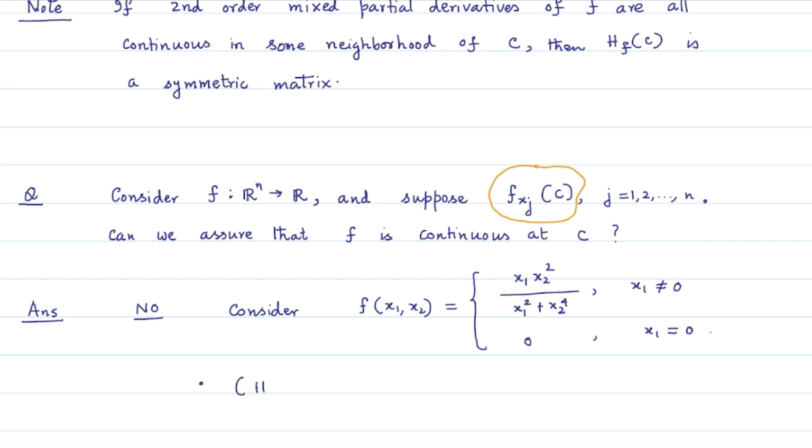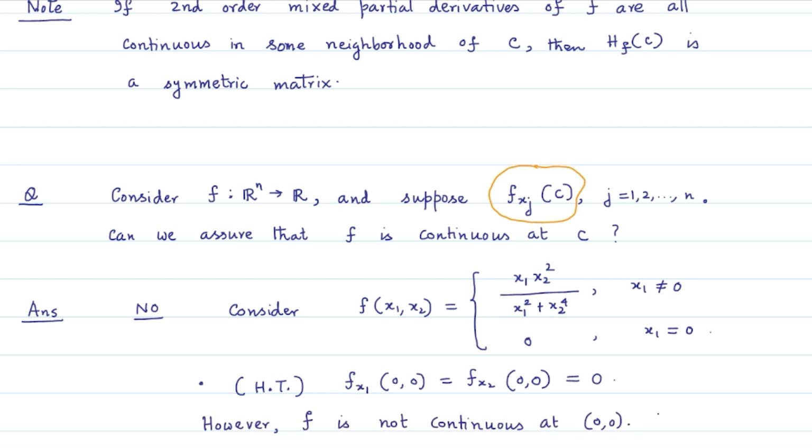Then you please verify that both the first order partial derivatives f x1 and f x2 exist at the point 0, 0, and they are both equal to 0. However, we have seen in the previous lecture that this function is not continuous at the origin. You please complete your class note by writing why this function f is not continuous at the point 0, 0.